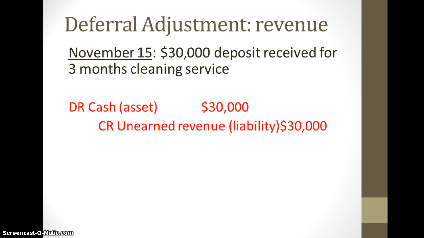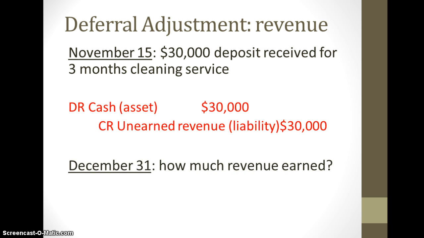Well, we received cash, so we're going to debit cash for $30,000. And because we owe our customer 3 months of cleaning services, we're going to set up a liability account called unearned revenue. Debit cash $30,000, credit unearned revenue $30,000. When we get to the end of our accounting period, December 31st, now we have to figure out how much revenue have we earned.